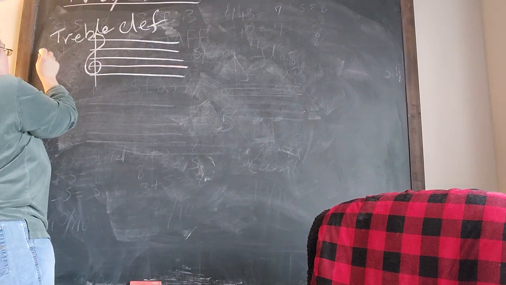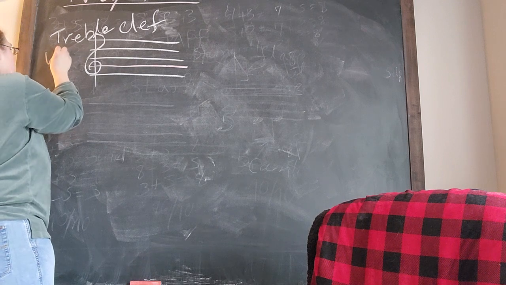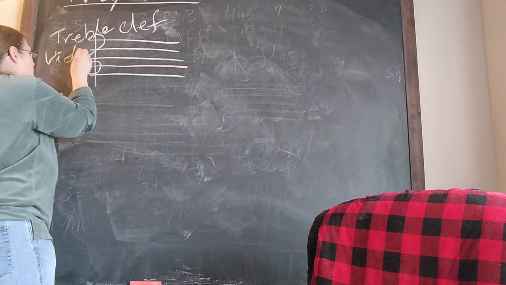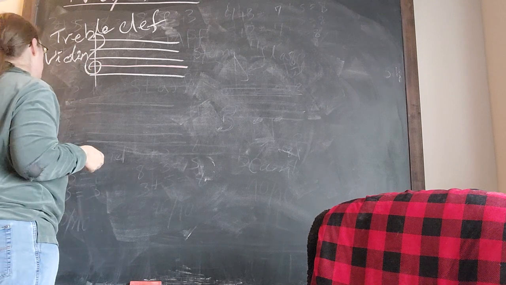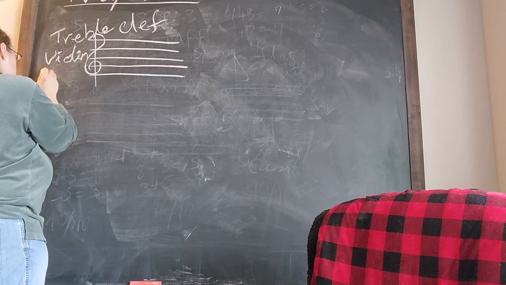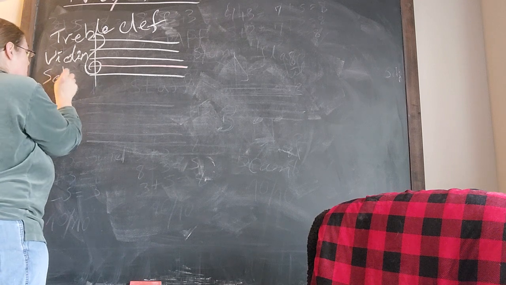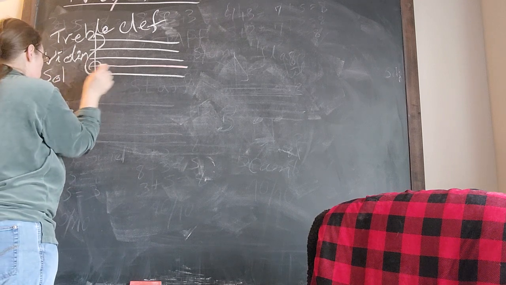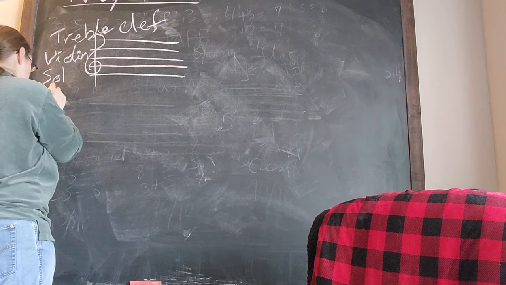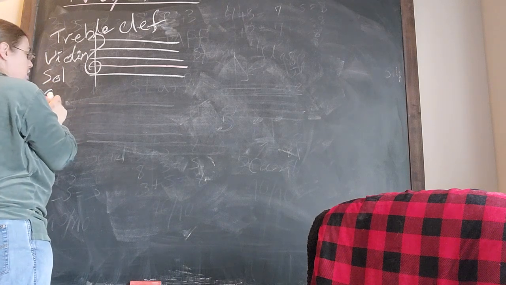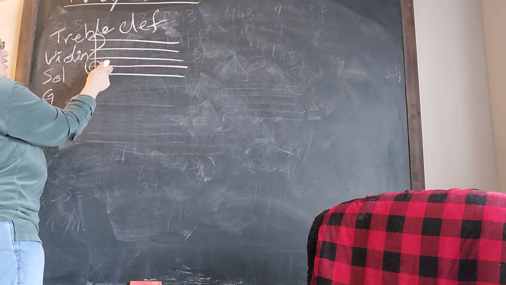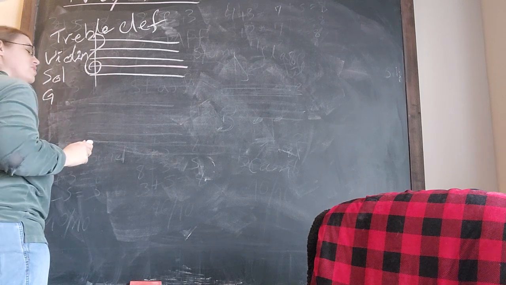It is also called the violin clef. Back in the day, this is a clef violins used. It is also called the sol clef because it denotes the pitch sol. It is also called the G clef because it denotes the pitch G.